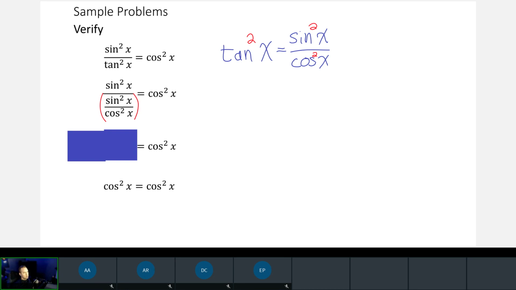Let's multiply by the reciprocal. Yep. You just flip and multiply. And then sine and sine cancel out, and that's why you're left with just, well, cosine squared equals cosine squared.